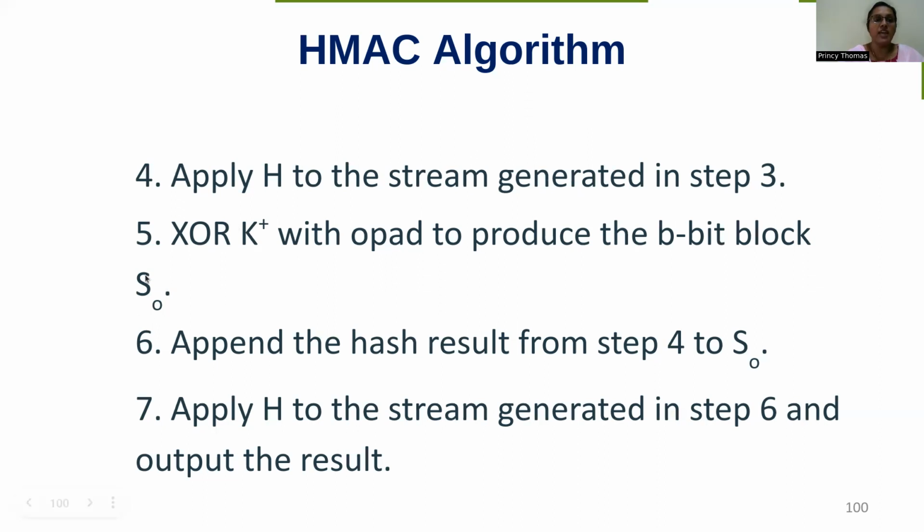Si is S input and So is S output. Append the hash result from the previous step to So, and then apply the hash H again to the stream generated in step 6 and output the result. This is the final hash value.